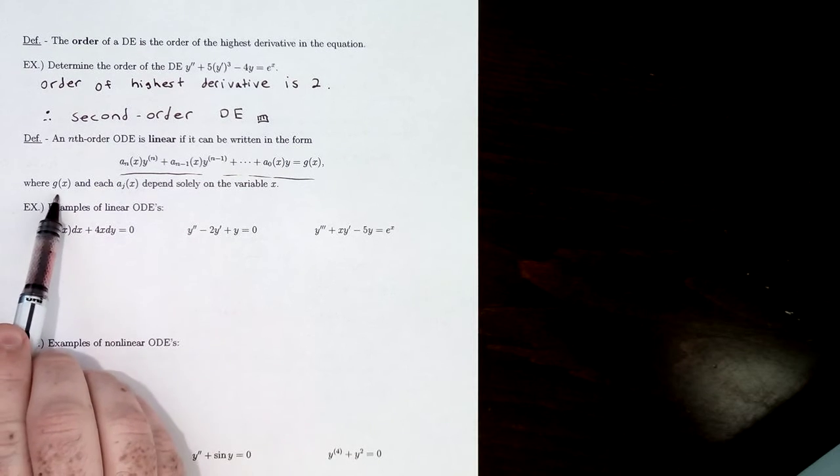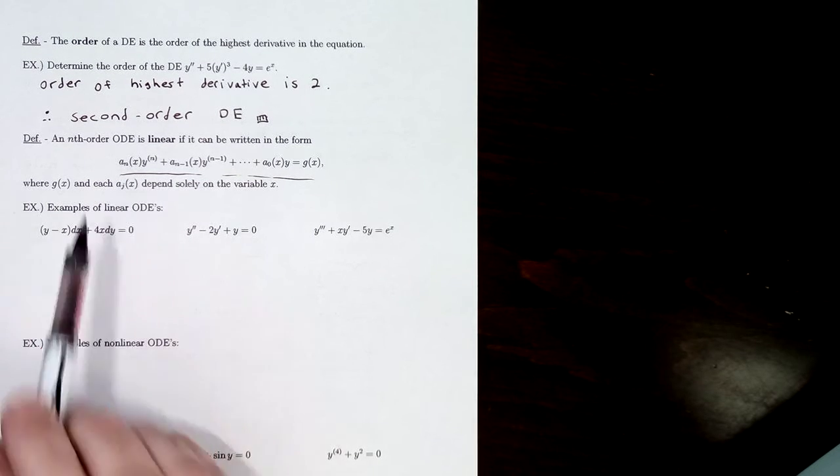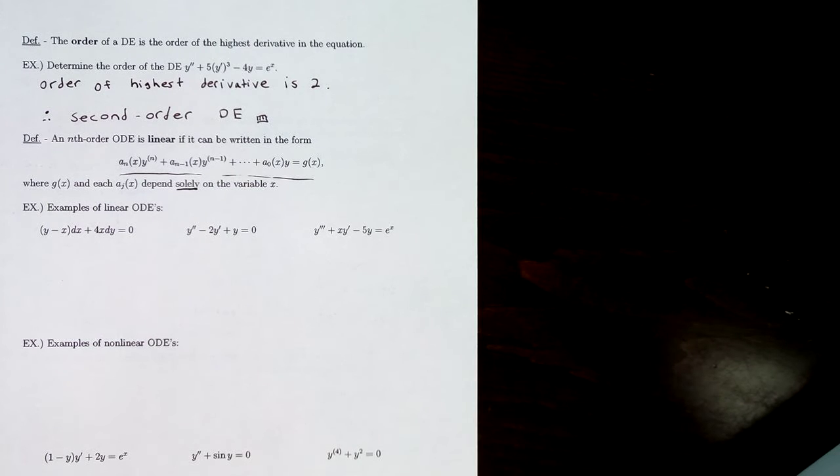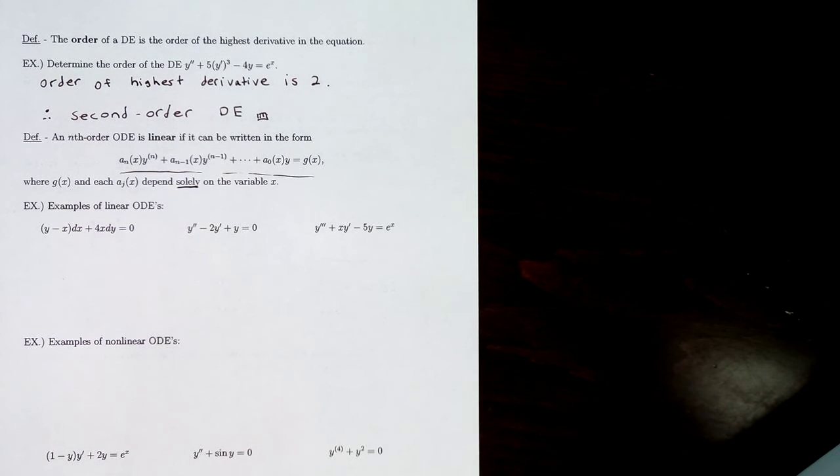Basically, g of x and each a_j depend solely on the variable x. Otherwise, it would be a nonlinear ODE.